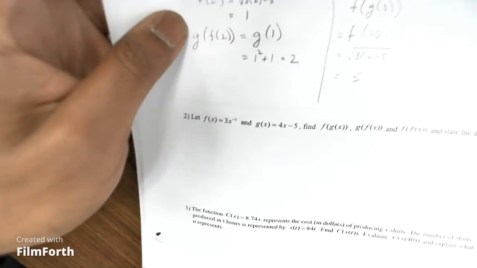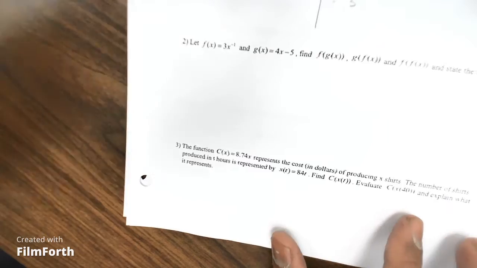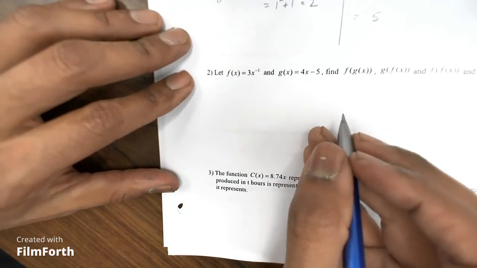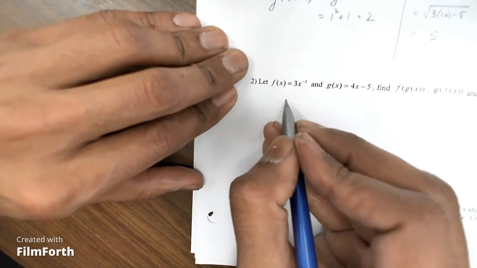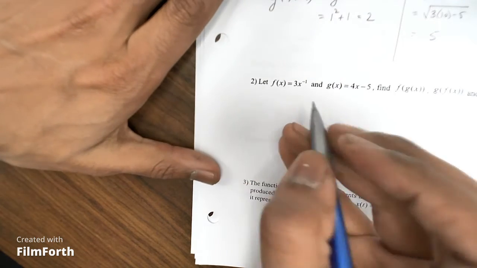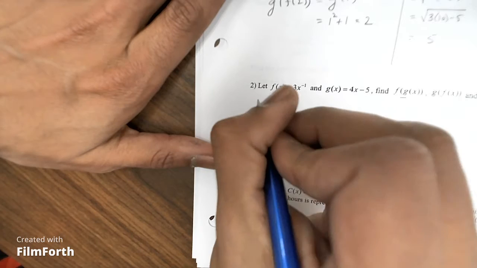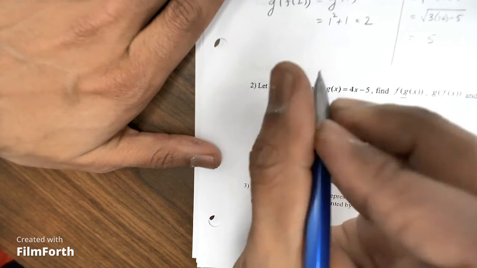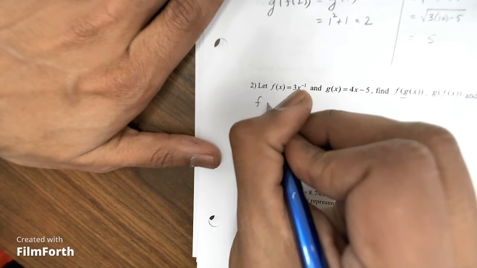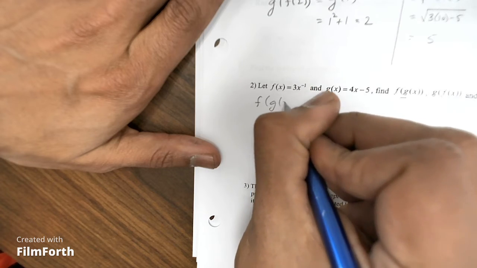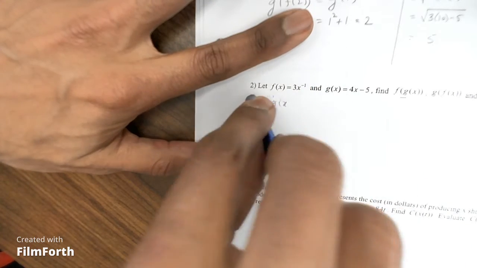We can actually find the function of a function without just substituting values. So let's take this one first, f of g of x. Well, we have f of g of x. I will first write f of x.